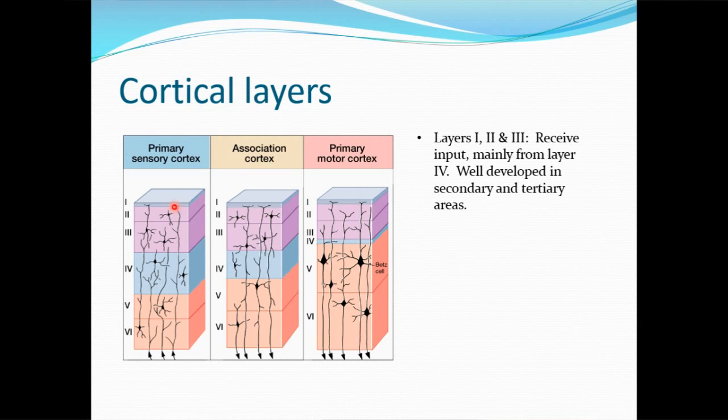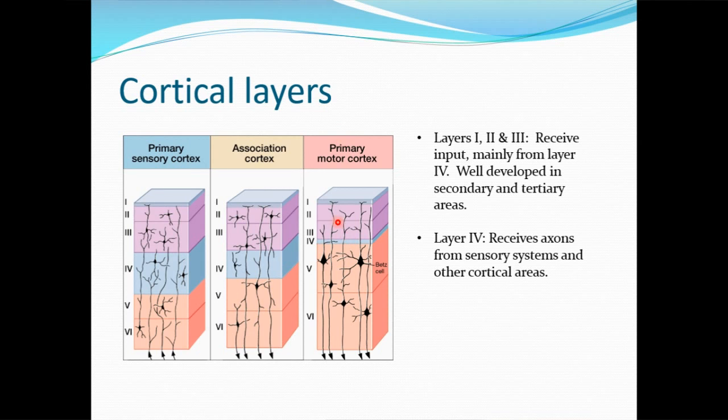So layers 1, 2, and 3, here they are in each picture, receive input mainly from layer 4, and they're well developed in the secondary and tertiary areas. Layer 4, this one there, receives axons from sensory systems and other cortical areas.